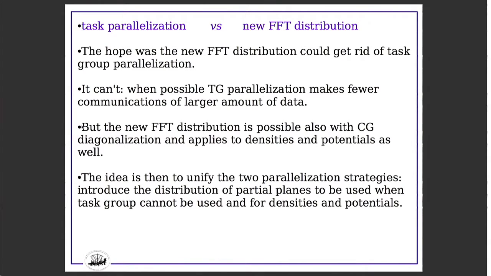You can't really do that, because the task group parallelization is more efficient. It's more efficient because it communicates bigger chunks of data less times. Because from the point of view of the calculation done, it is the same.